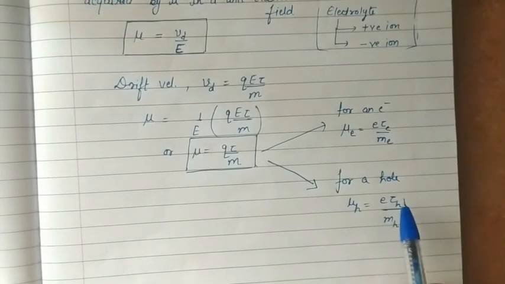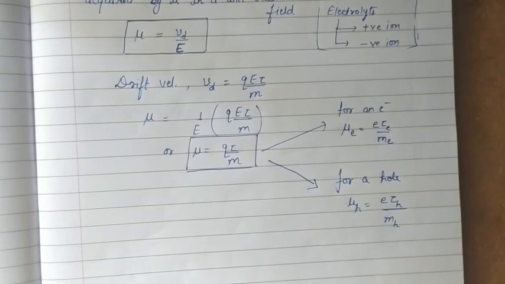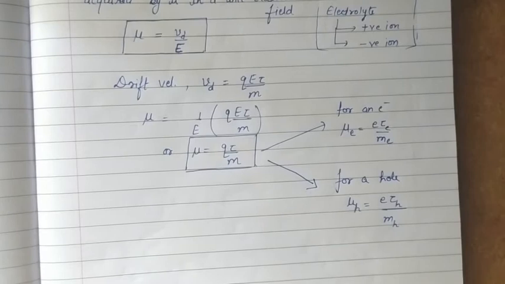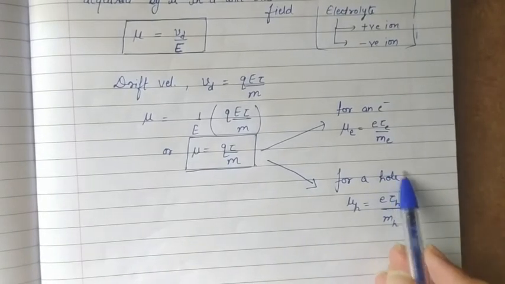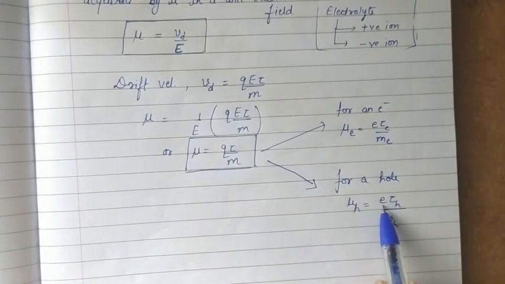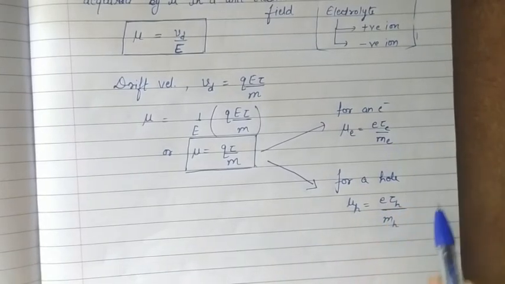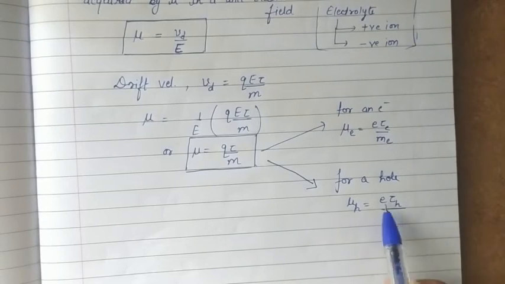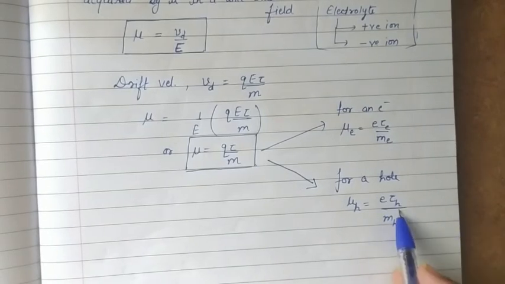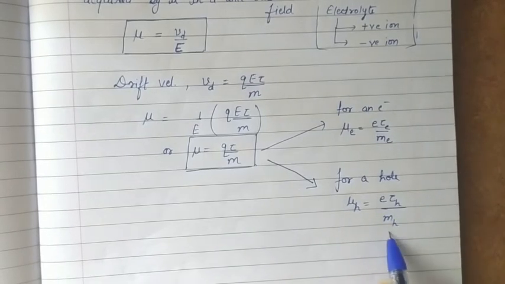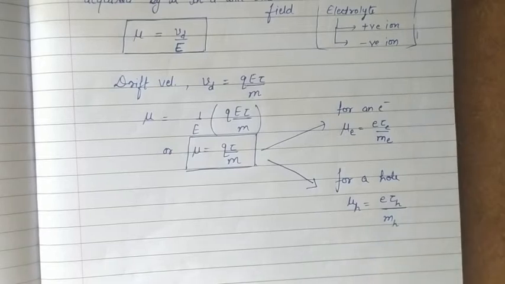So as much negative charge was on the electron was removed from there, that much positive charge came into that vacant space. It means for a hole the magnitude of that charge will be the same as that of an electron, but the electron is negative and the hole is positive. So e is the charge on a hole, tau h is its relaxation time, and mh is the mass of the hole.